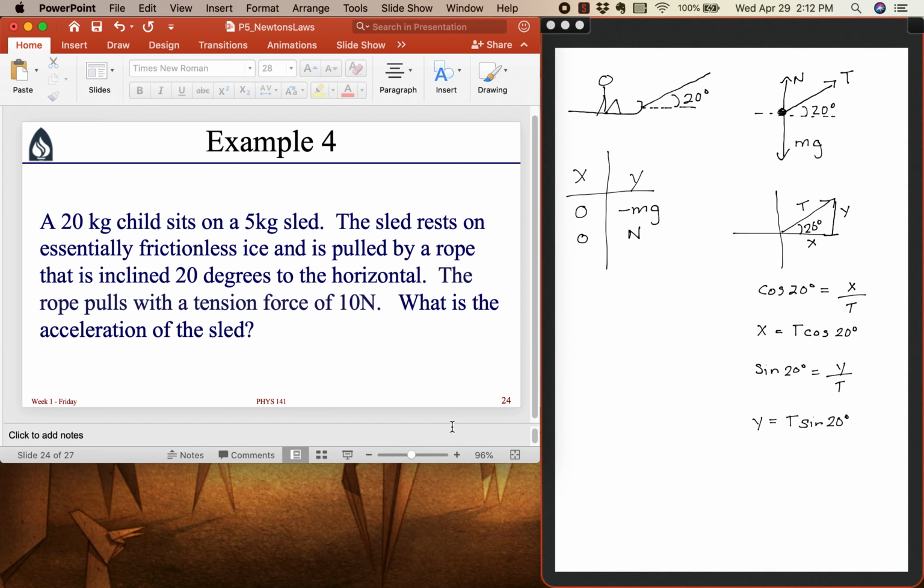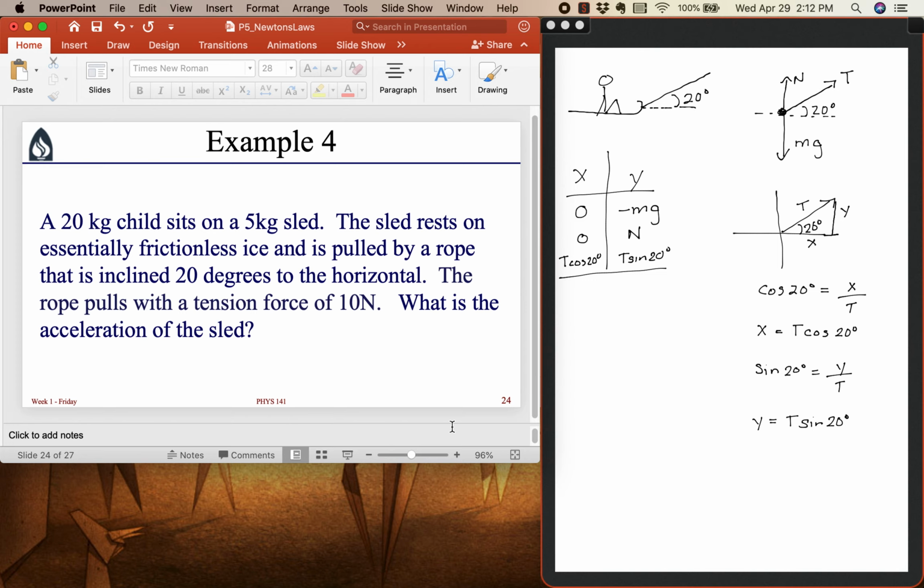So now I can put the x and y components into my chart. So the x component is T cosine of 20. The y component is T sine of 20. And these are both pointed in the positive x and positive y directions.